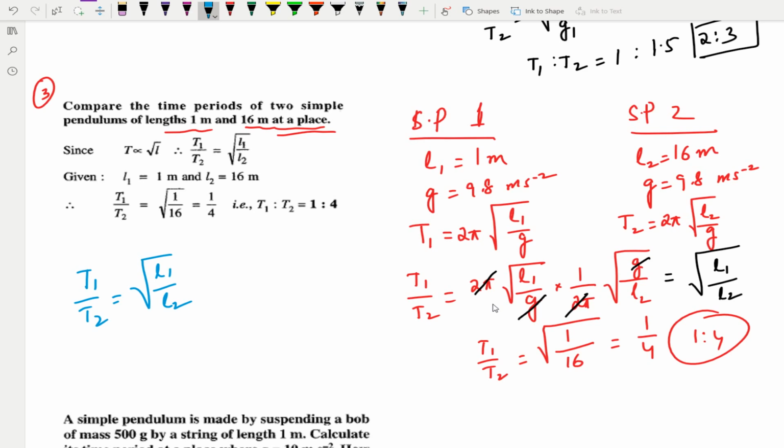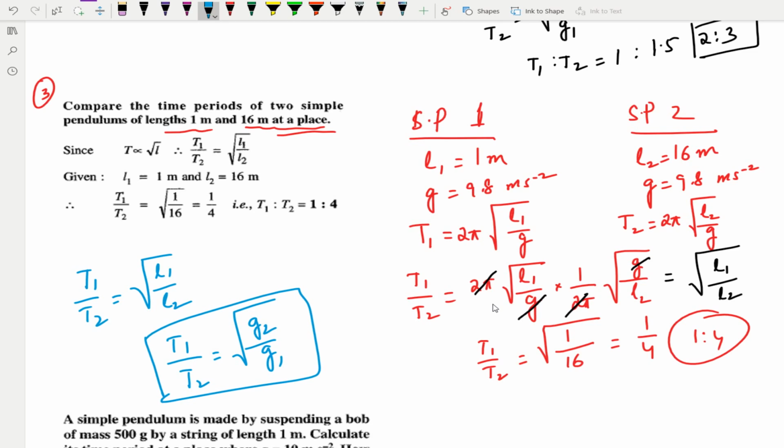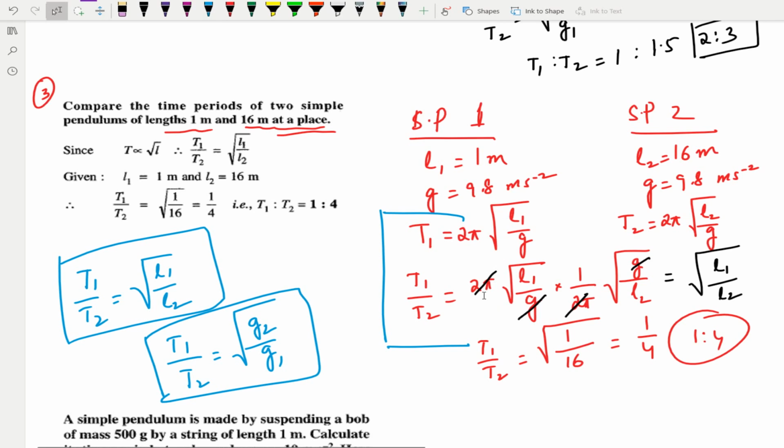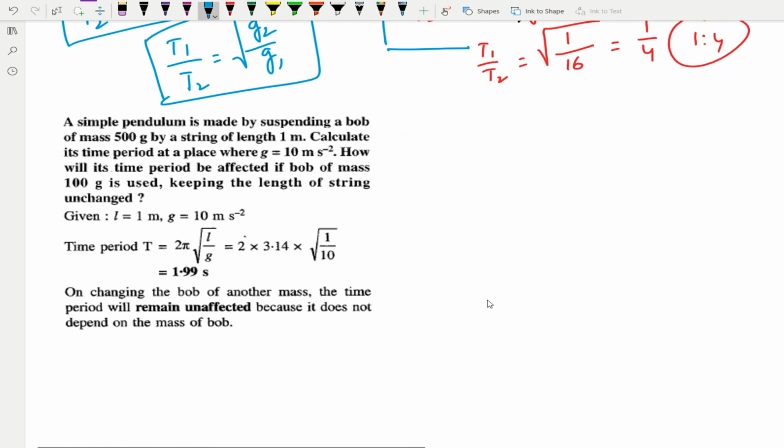Remember this formula. And also T1 by T2 is equal to root of g2 by g1. These are shortcuts you can remember. Instead of writing all the formulas and then dividing and coming to these relations, you can directly use these relations.